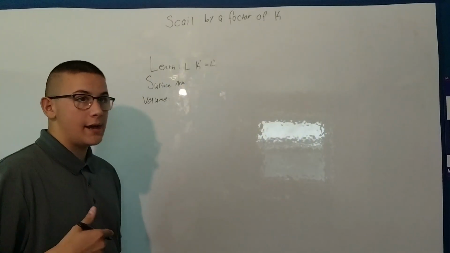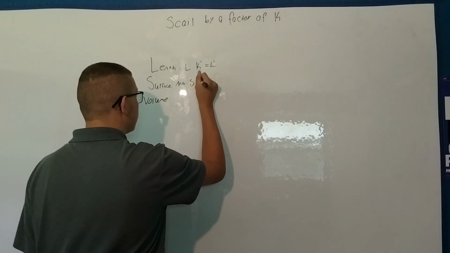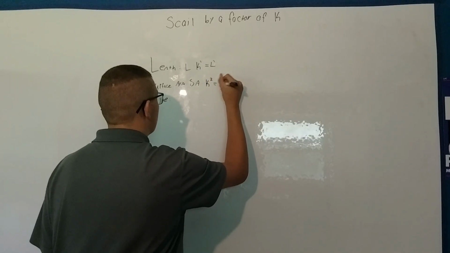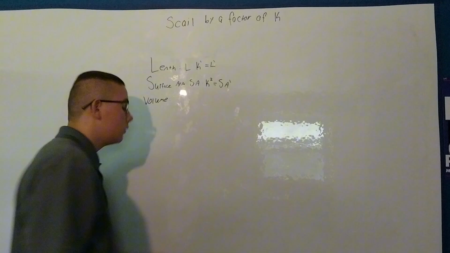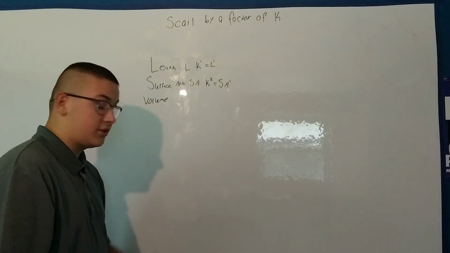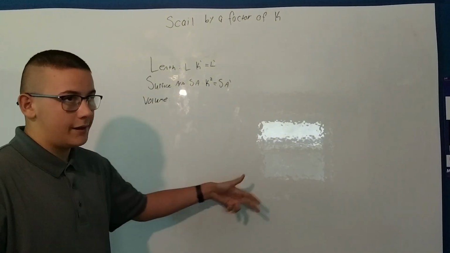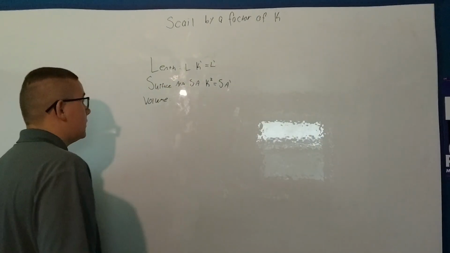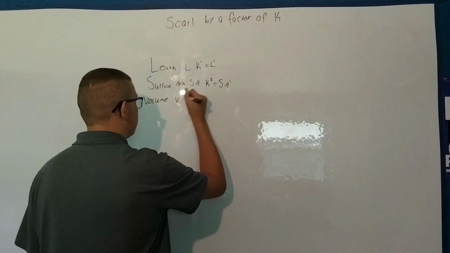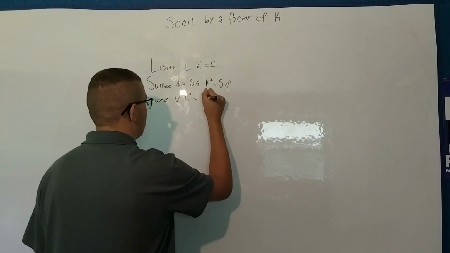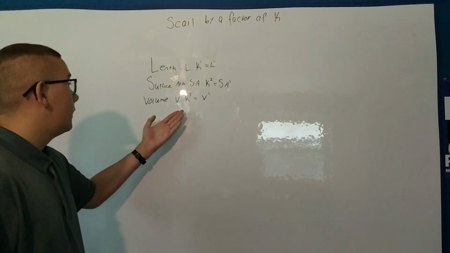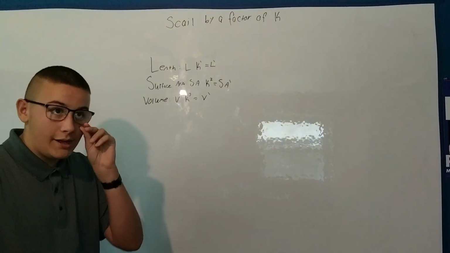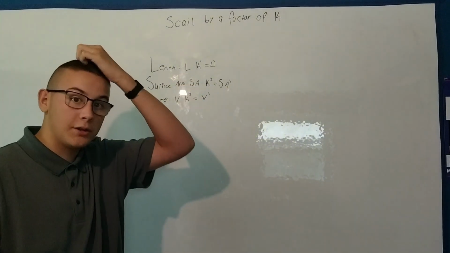For surface area, however, you want to do your surface area times k squared, and that equals your new surface area, right? So this one scales quadratically rather than linearly. And then for volume, it scales cubically, like this. So this is kind of your cheat sheet here, and it goes 1, 2, 3 with the exponents on your scale factor.